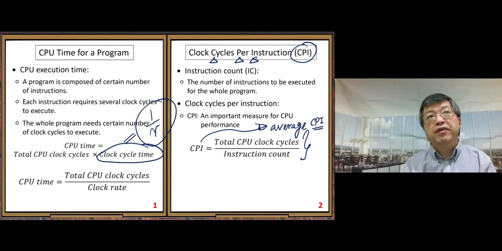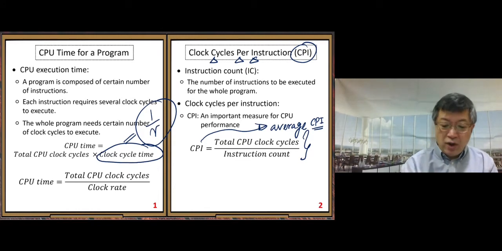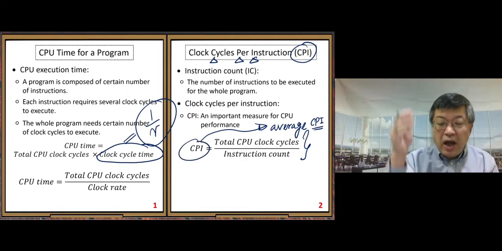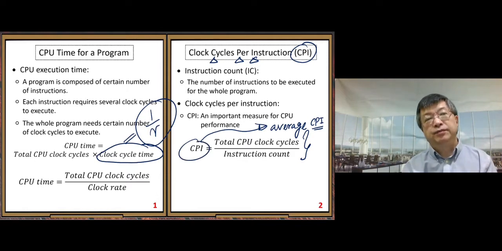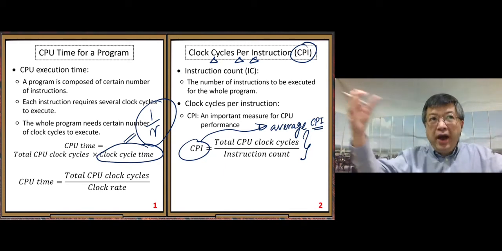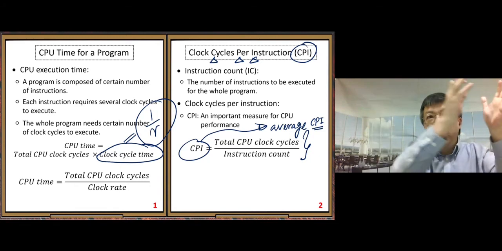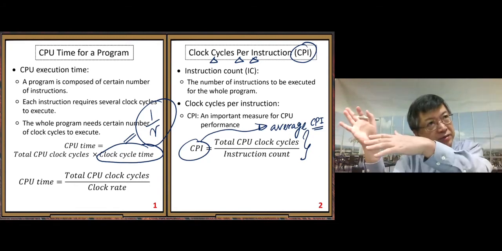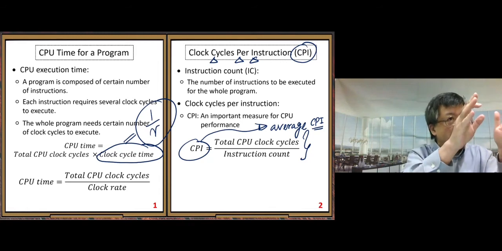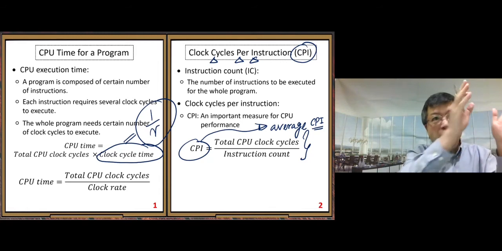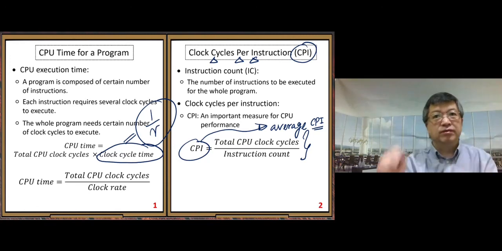Then, for each operation, their individual CPIs are different. So for that reason, this one is just the average CPI. So individual CPIs, average CPI. Then we will connect them, and we will get the processor performance equation. That's the title of this part B.3, processor performance equation.